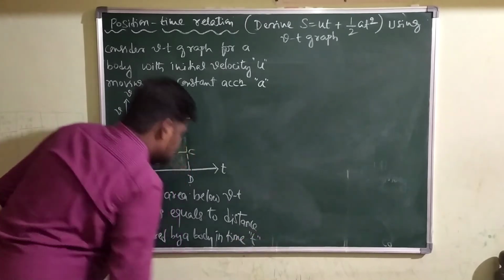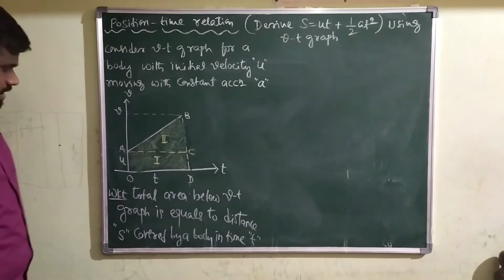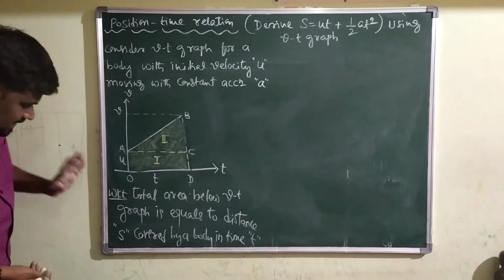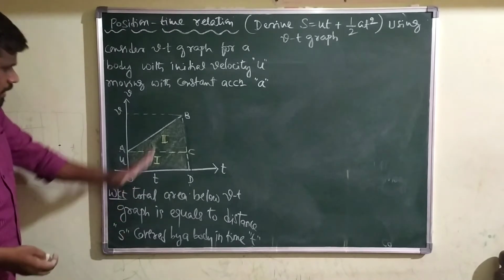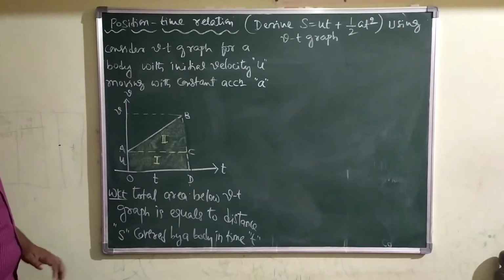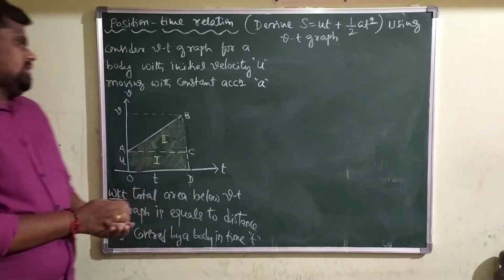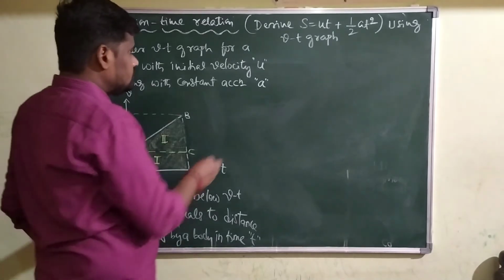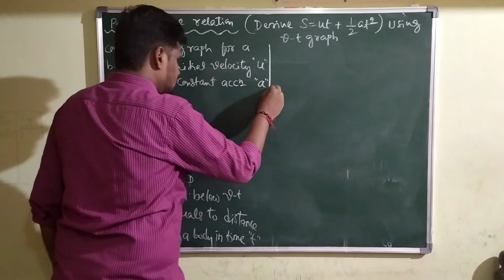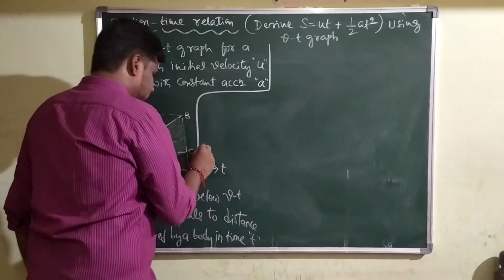How much distance the body is covering in time t? It is equivalent to total area below VT graph. Then what I can write now? Concentrate here on mathematical steps.